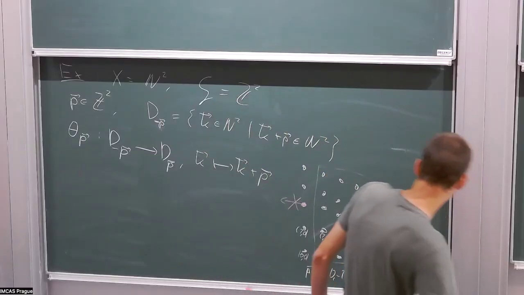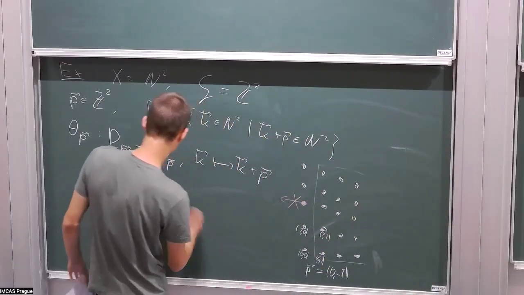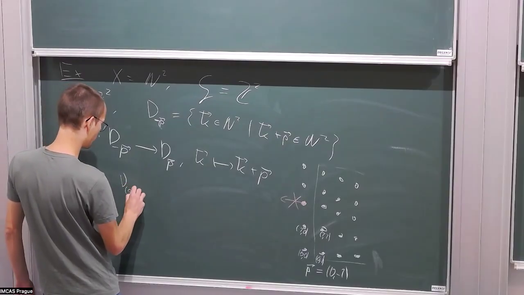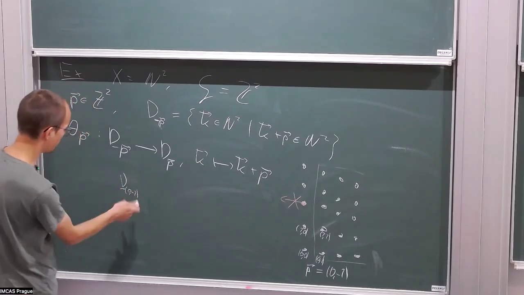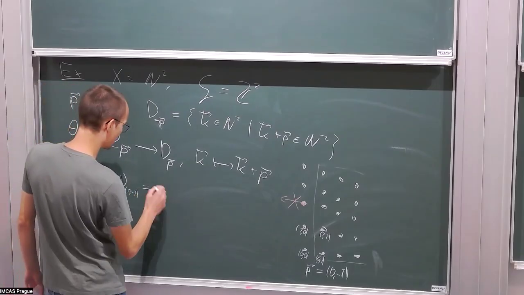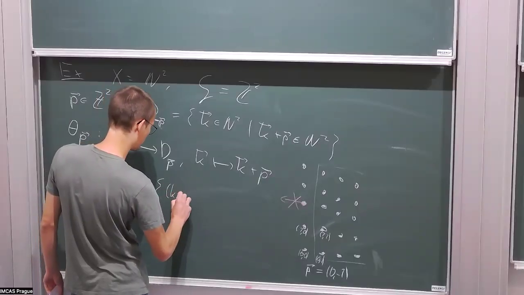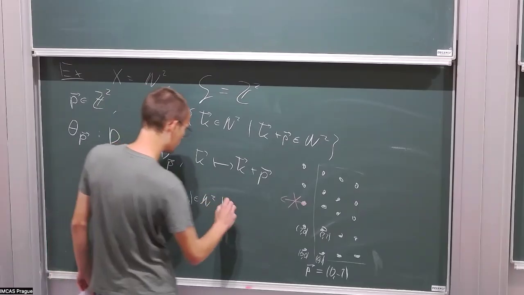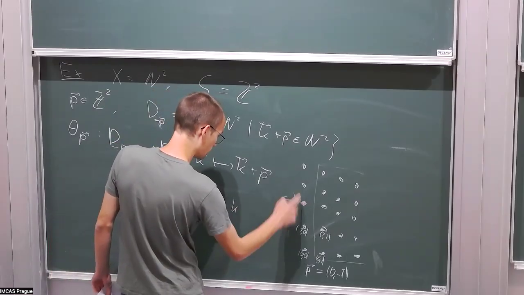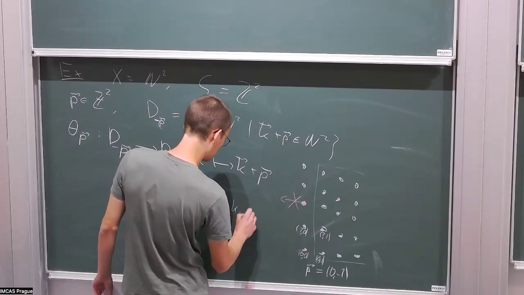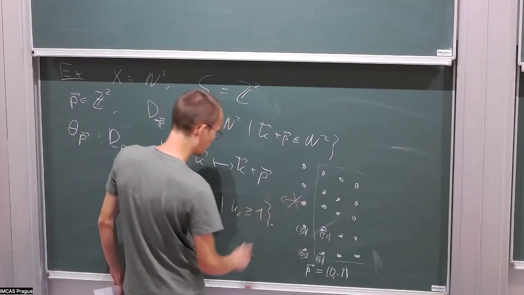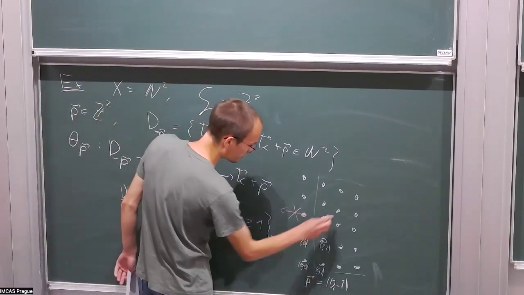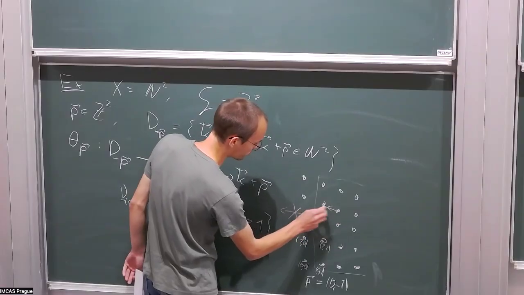So the domain in this case for this point would be 0, minus 1, or I guess the domain is minus of that. This would be all those k1, k2 where k2 is greater or equal to 1, because a point here, for example, I can just shift to the left.